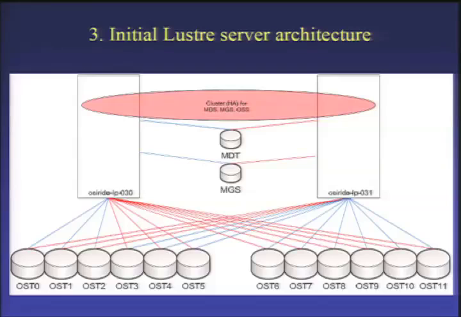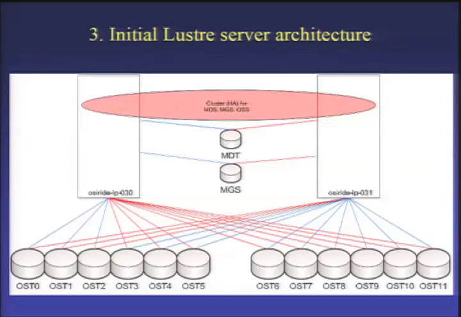Now I will describe the initial configuration of the Lustre Server architecture, which was initially configured with only 2 servers.